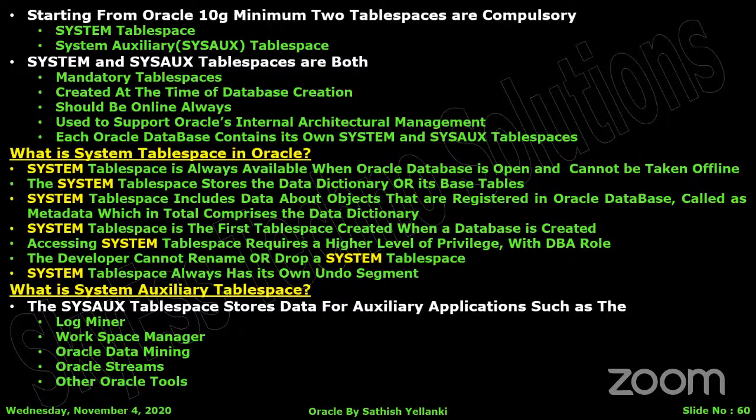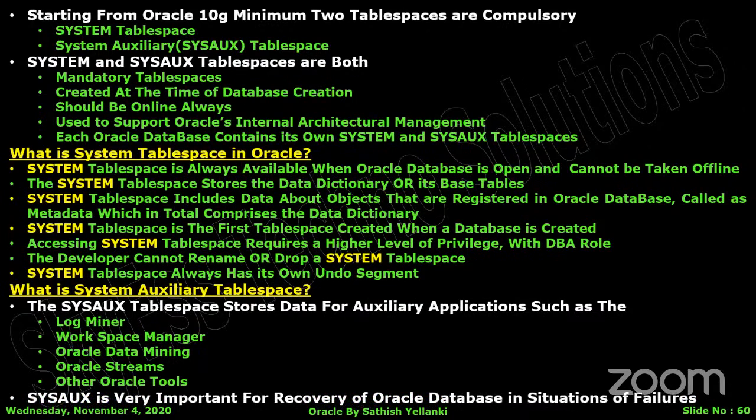So what is the main advantage or the main requirement of the system auxiliary table space? System auxiliary table space is very, very important for recovery of the Oracle database in situations of failures. Whenever your Oracle database is failing, with the help of the system table space or system auxiliary table space only, we can make a recovery out of it. Am I clear with you?